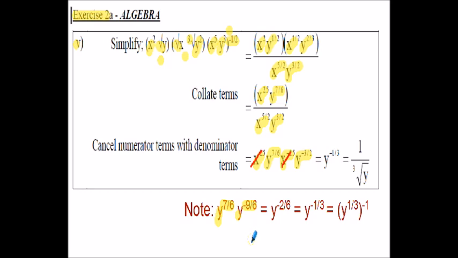So y to the 7 upon 6 times y to the minus 9 upon 6 can cancel down to y to the minus 2 upon 6. So 7 take away 9 gives you minus 2 upon 6. That cancels to y to the minus 1 upon 3. Cancel top and bottom by 2, and don't forget that's basically a cube root term, so that's y to the third all raised to the power of minus 1.